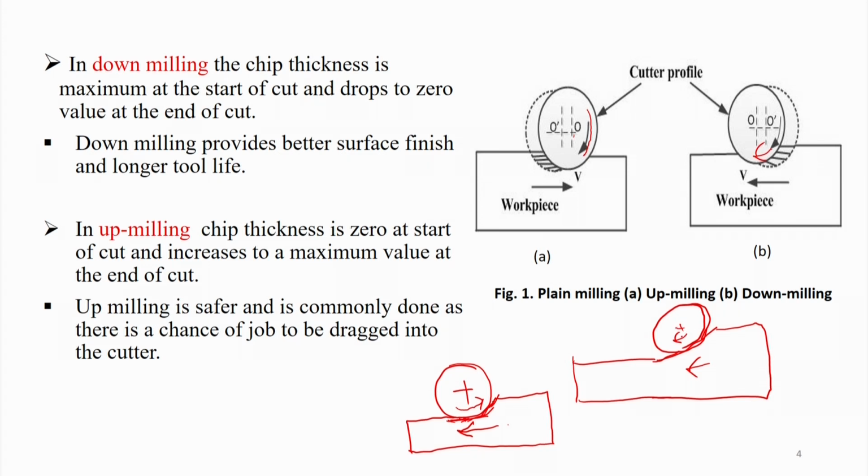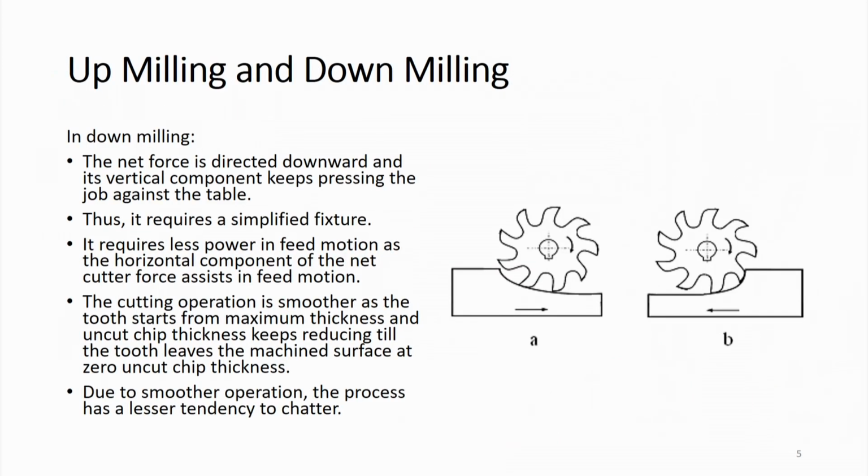So, this is what happens in this case. Let us see some more advantages and disadvantages. Suppose here you have got up milling and there is down milling here. Now, in up milling, the job is moving in this direction and the cutter is moving like this.